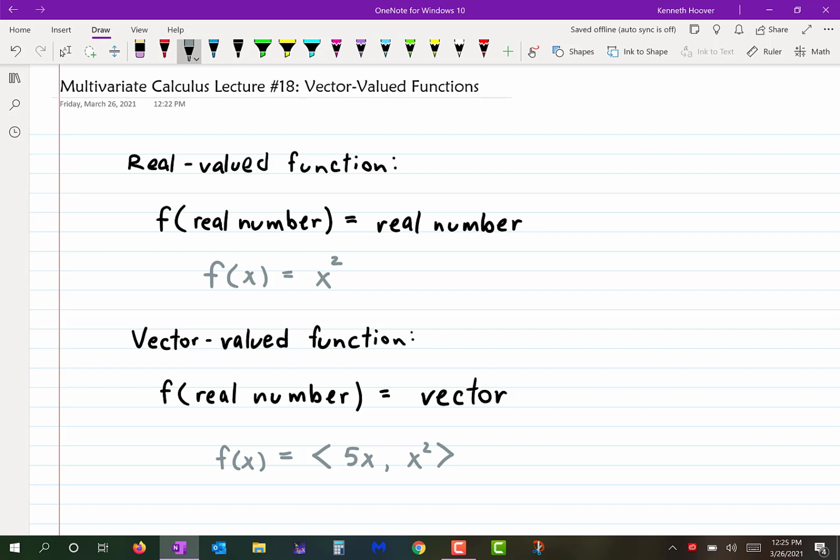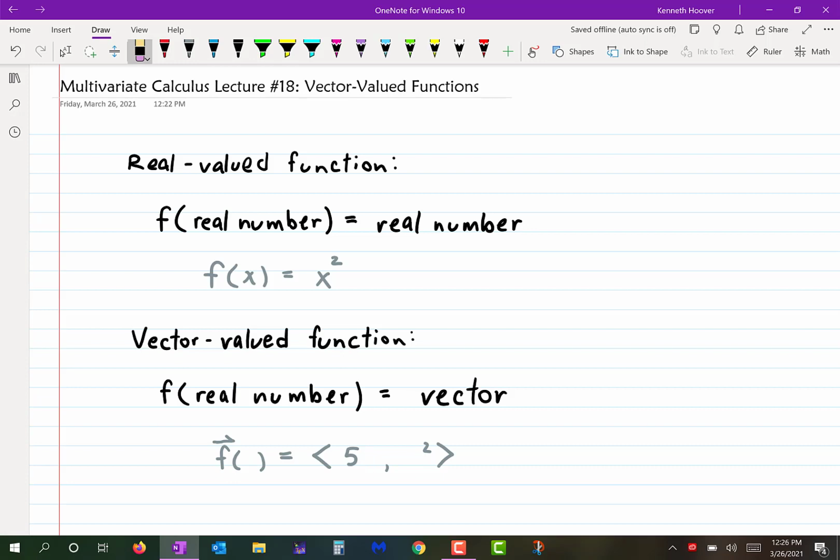Now, a couple of things. Because f of x is a vector, I should put an arrow over it. The arrow normally just goes over the f part. Another thing is that when we do vector-valued functions, for the independent variable, we usually don't use an x.